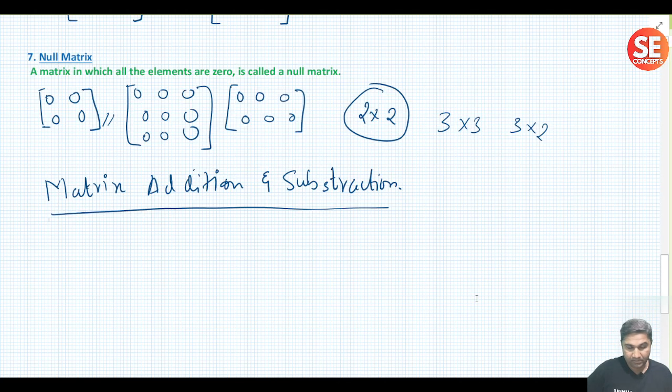First, I will try to make you understand the concept of matrix addition.